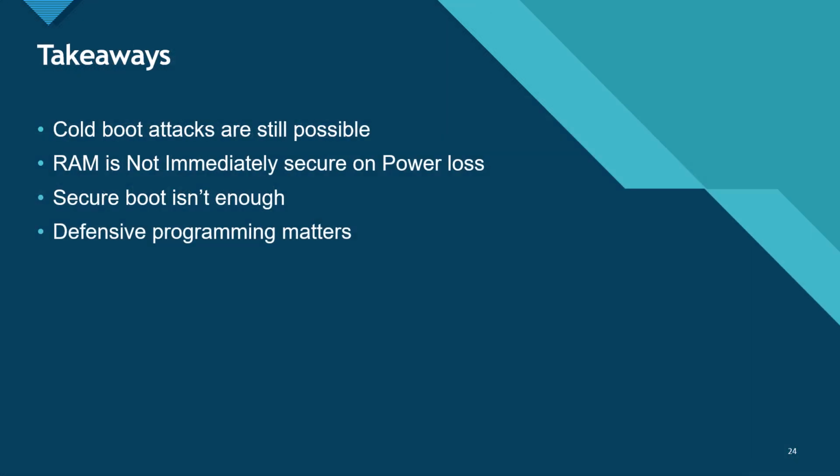So here's what I took away and what I think you should take from this. Cold boot attacks are still extremely viable in embedded systems, even in 2025. RAM isn't instantly cleared on reboot, especially on minimalist devices like the Pi. If you work with encryption or sensitive data, assume your memory can be read unless it's explicitly wiped.